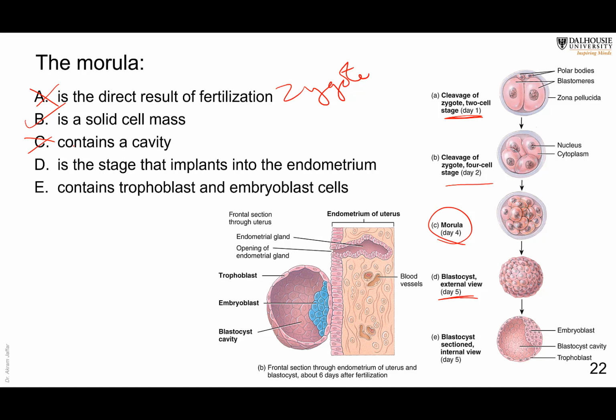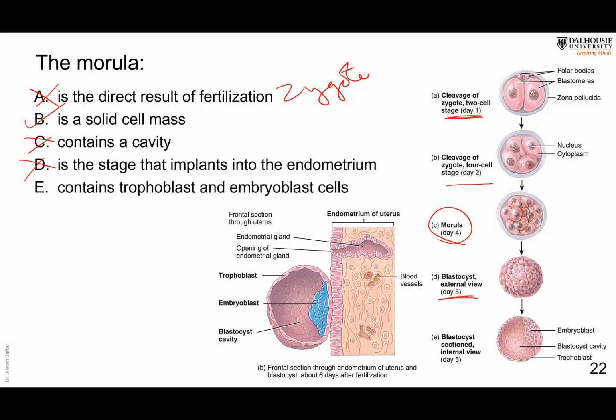Once it contains a cavity, it is called the blastocyst, and it is the blastocyst that is the stage of implantation into the uterus. So it's not the morula that is the stage that implants into the endometrium, but it is the blastocyst. Contains trophoblast and embryoblast cells.